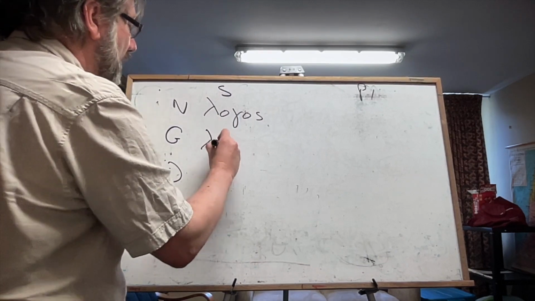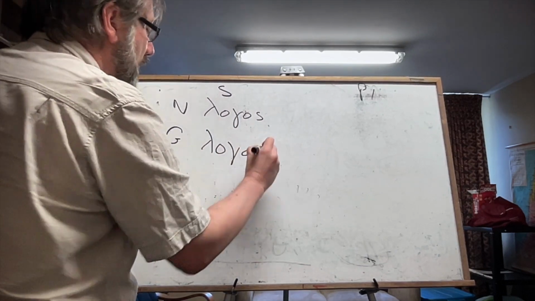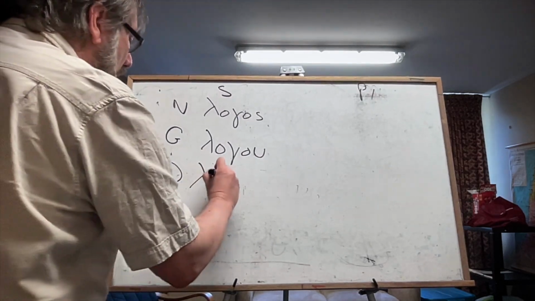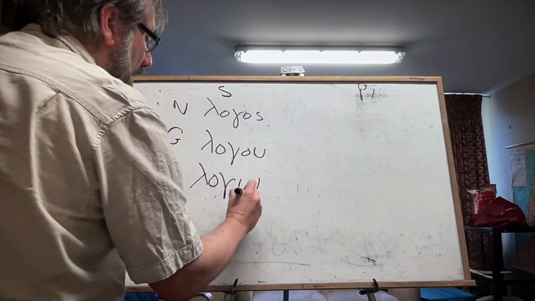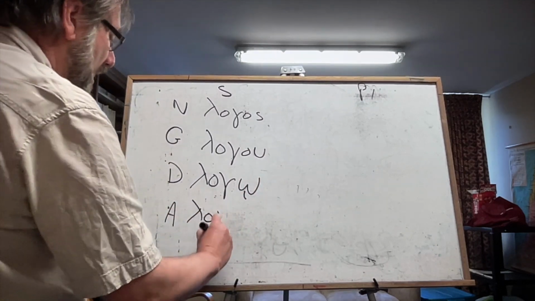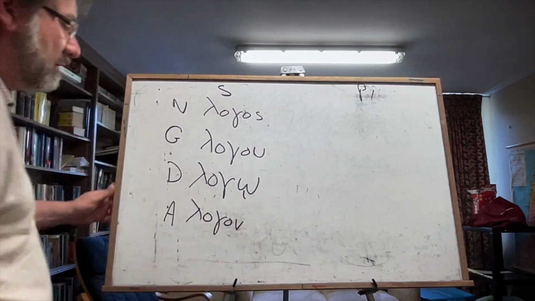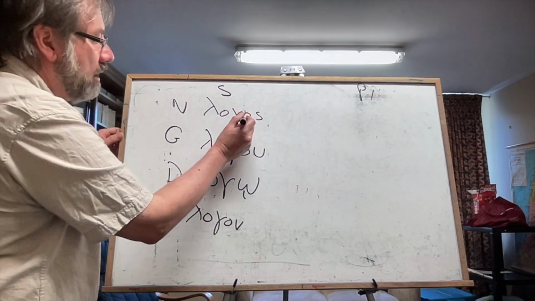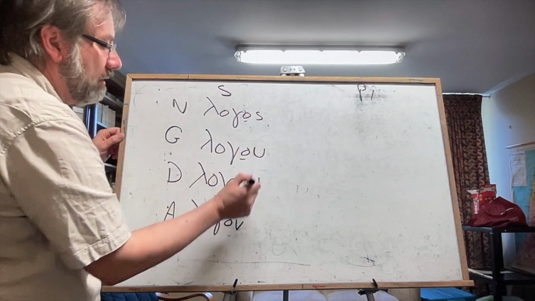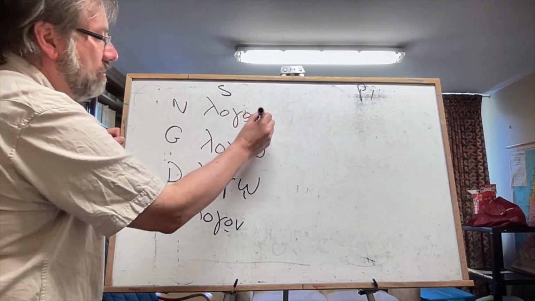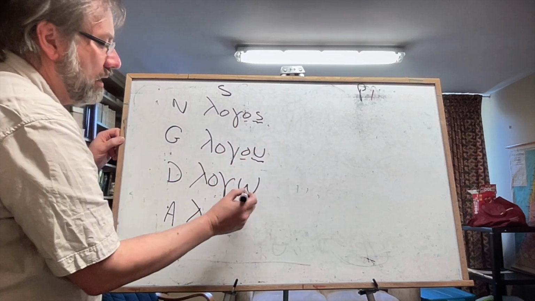The genitive is logu. The dative is logo with the iota subscript, and the accusative is logon. Those are the singular forms. Notice the omicron on the stem and the endings: a sigma ending, an upsilon ending.